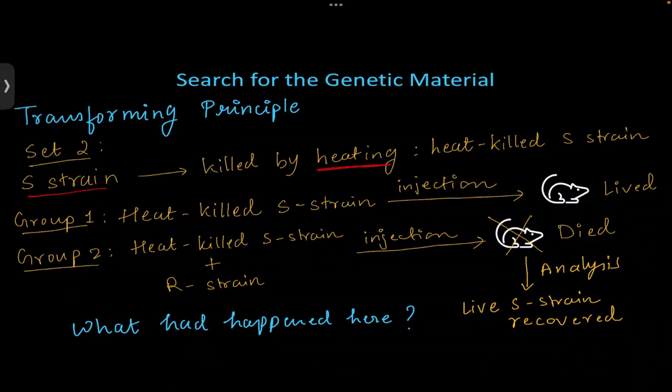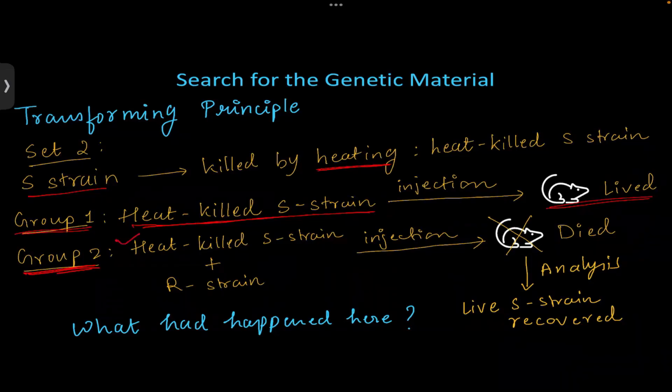The first group of mice were injected with this heat-killed S strain bacteria. Since these S strain bacteria were no longer alive, they couldn't cause the pneumonia disease, so these mice lived.